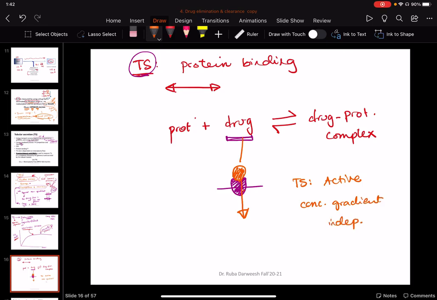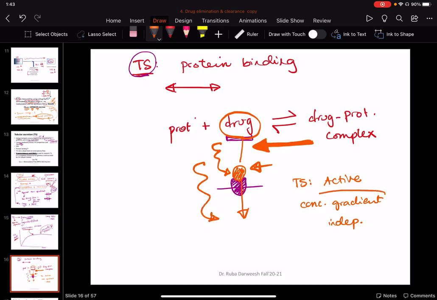Which means that I don't need the concentration of the drug to be high at this site to be transported. If the free drug binds to the transporter or the carrier and passes, and then the free drug at this side is decreased, we will have a shift in the equilibrium of this reaction to have more of the free drug, so more of the transport.